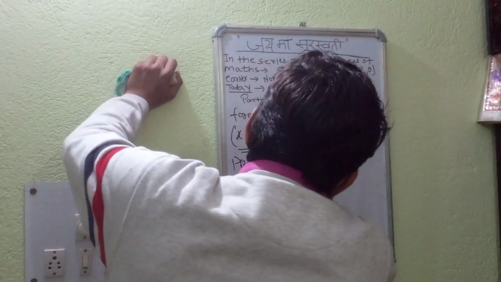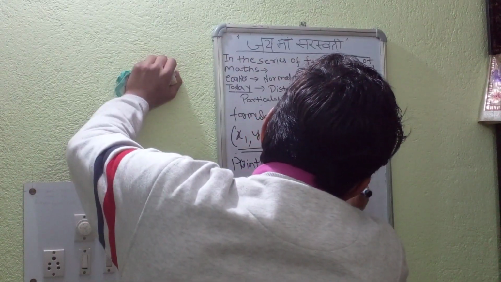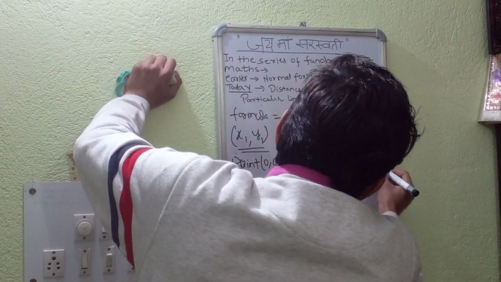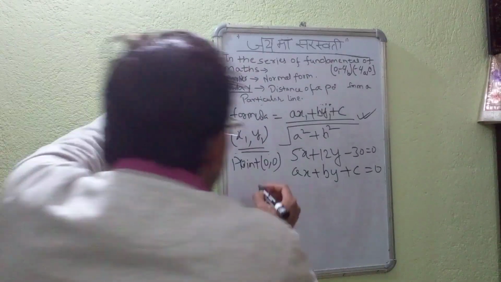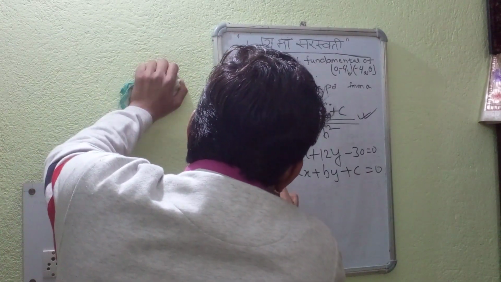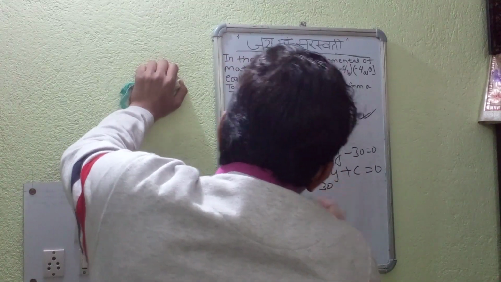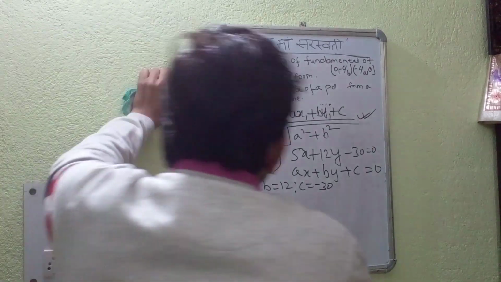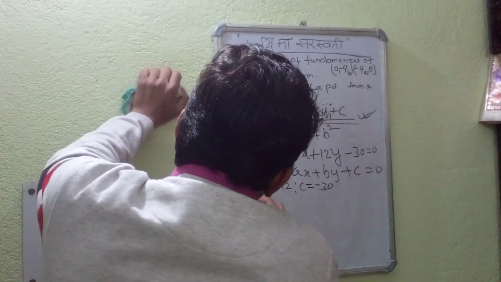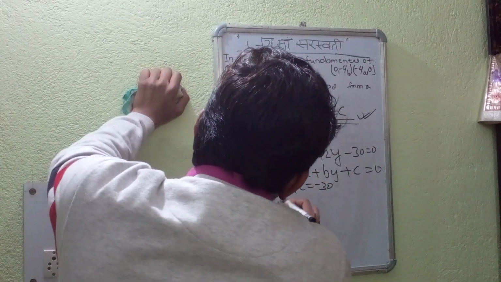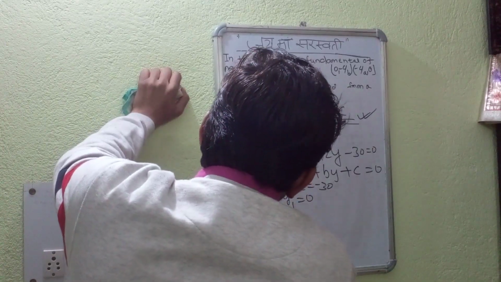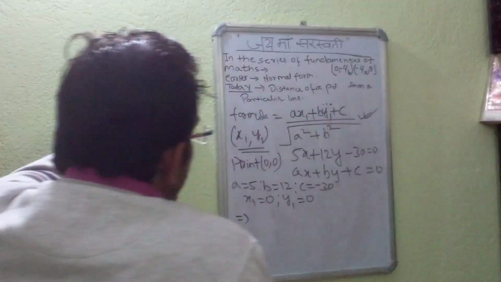Suppose here it is ax plus by plus c is equal to 0. Then in this case a is equal to 5, b is equal to 12, c is equal to minus 30, and a square plus b square we had already found out, and x1 is 0, y1 is 0.